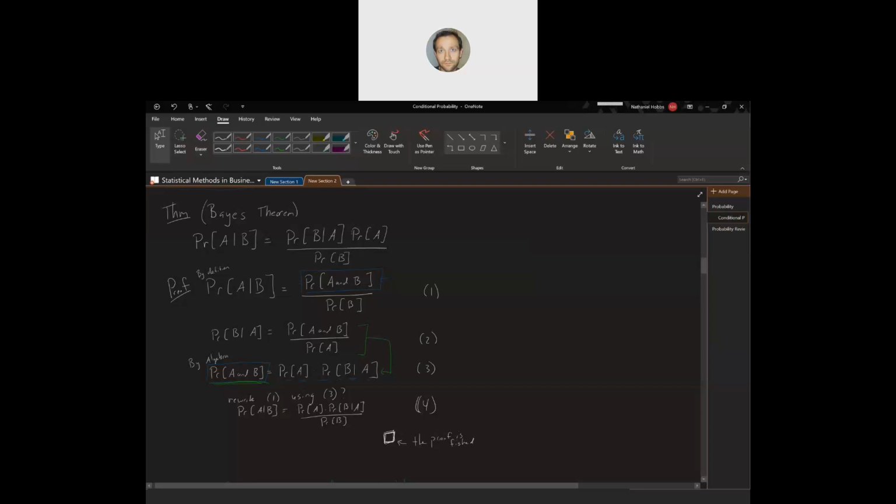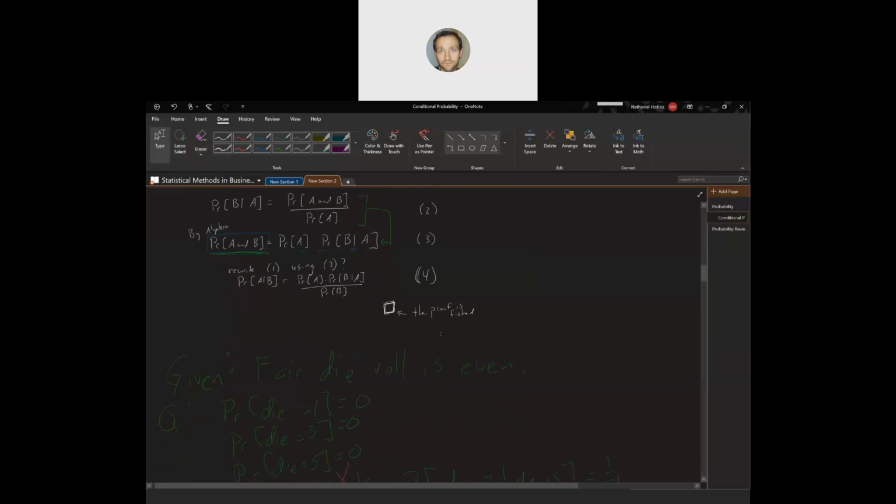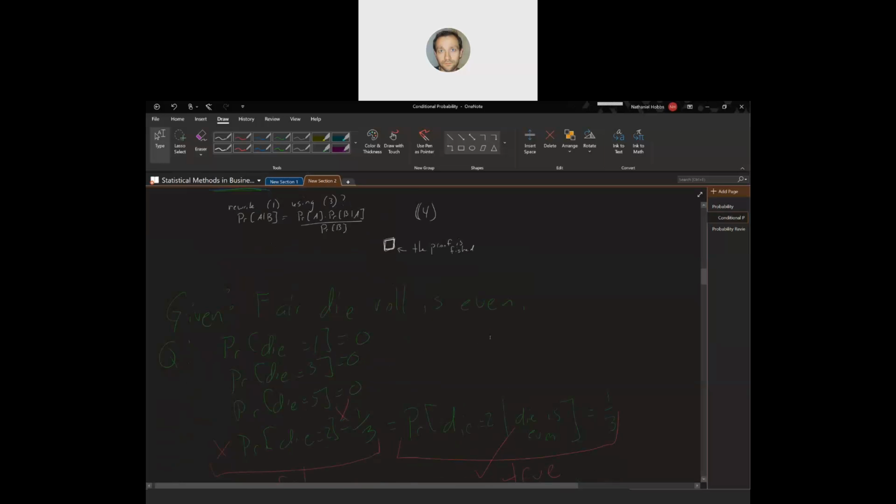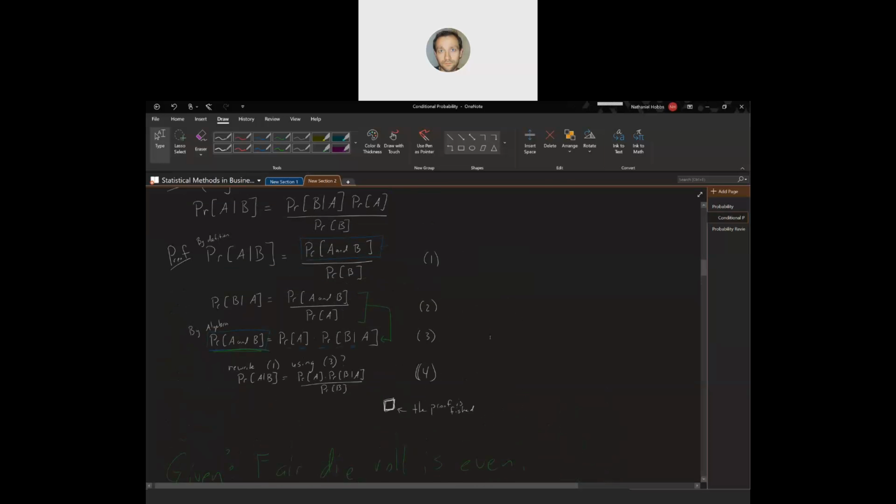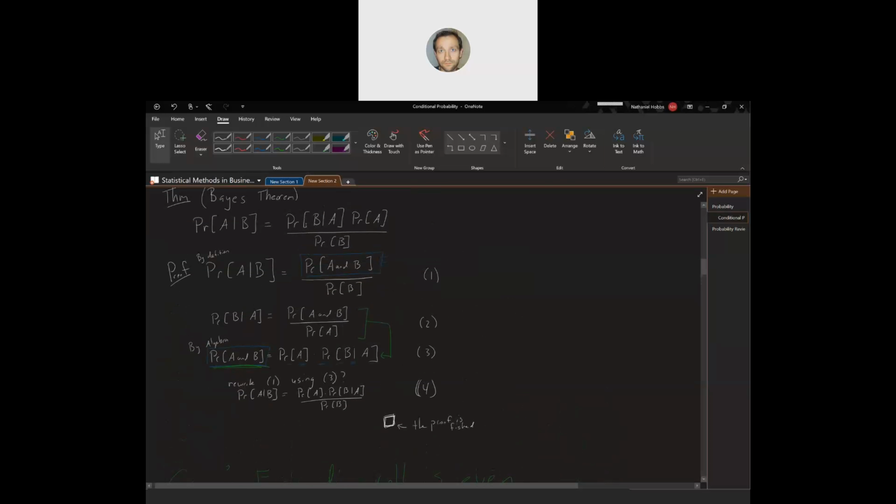Really nothing other than this one theorem, where you make some assumptions about it being true. Are there any questions about this derivation or the intuition behind what this theorem is saying?